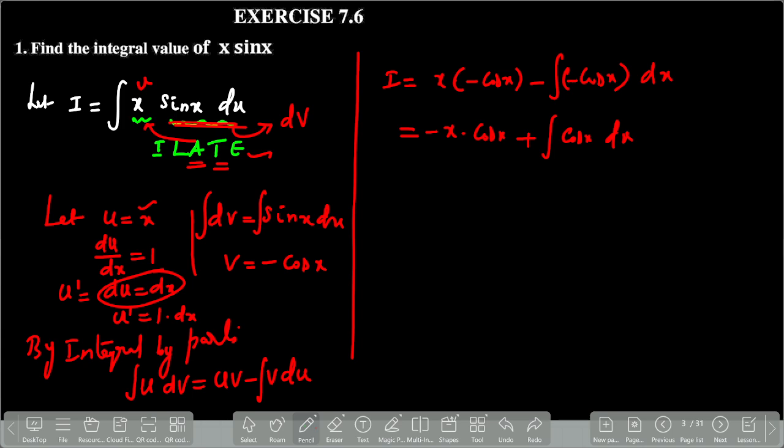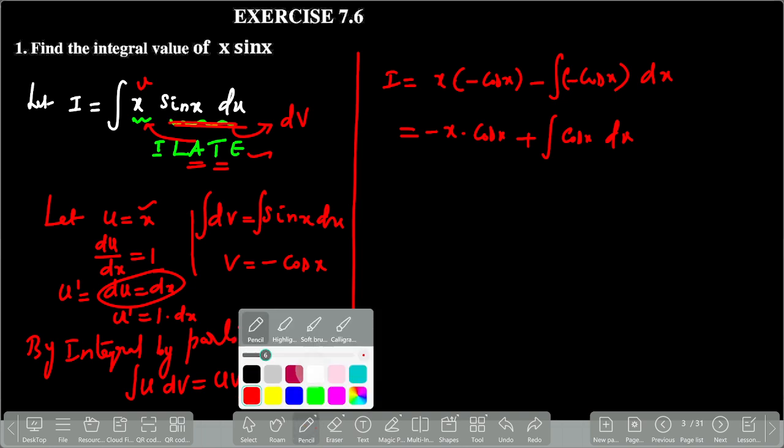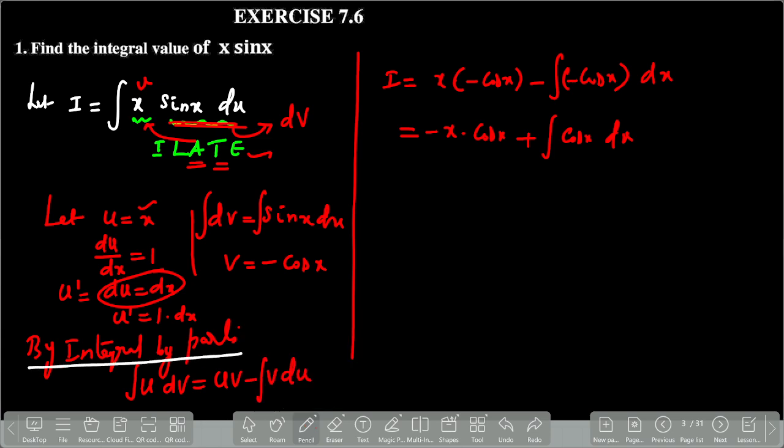And then integral dv equal to what? Minus cos x. Then apply the integral by parts formula: integral u dv equal to uv minus integral v into du. Replace the u value and v value: minus x cos x minus integral v value, with du equal to dx.